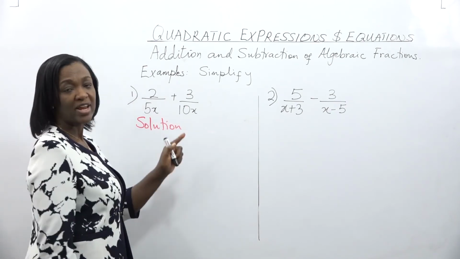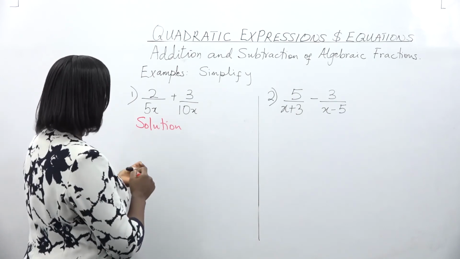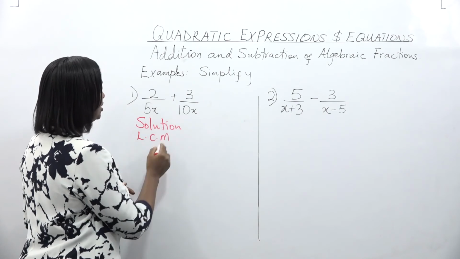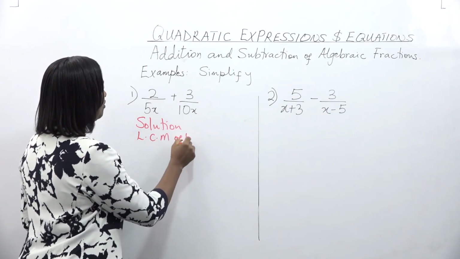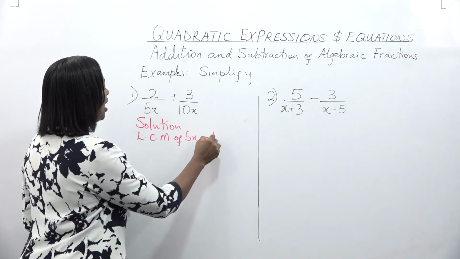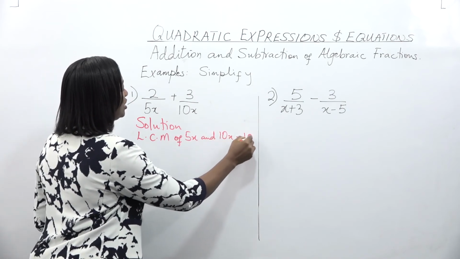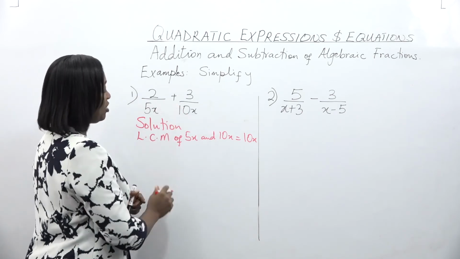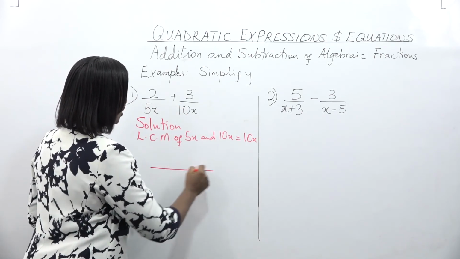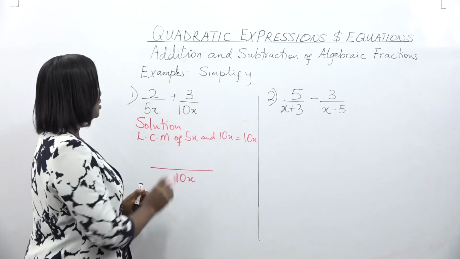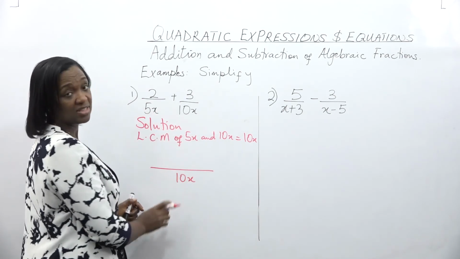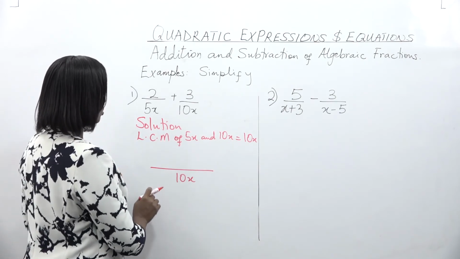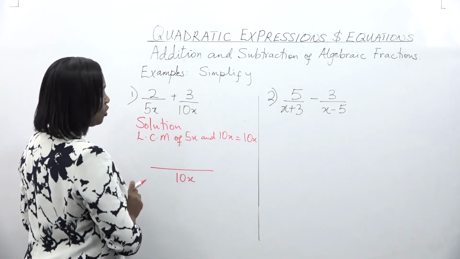The first step will be to find the LCM of 5x and 10x, which is 10x. So the LCM of the denominators of 5x and 10x is equal to 10x. So I want to put both of them under the same denominator of 10x. So 10x divided by 5x, we have 2, because 2 times 5x will give us 10x.